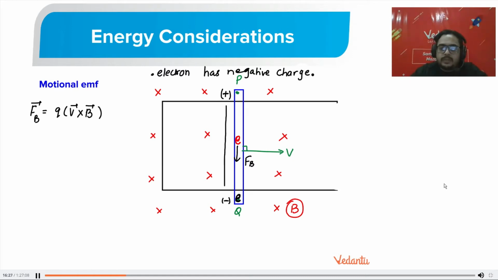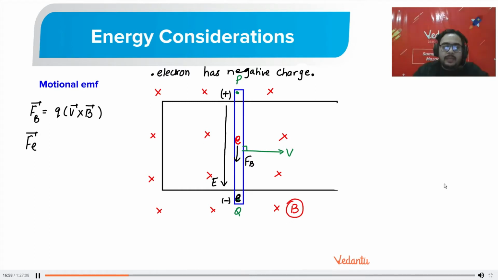You all know this, so the electric field will be generated like this. Now, due to the electric field, there will also be force on an electron. Am I correct or not? The electric field will also apply force on electrons which are not at point Q, which are in between. Some electrons will still be in between, so there will be electric force also on them.